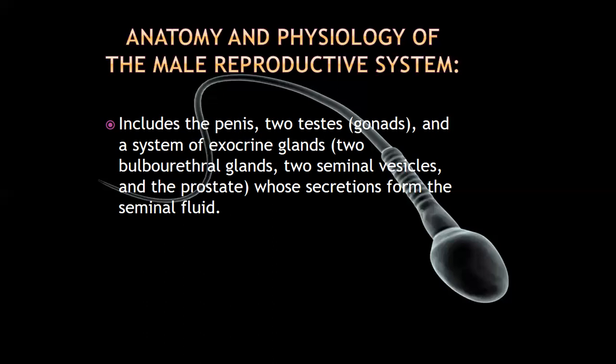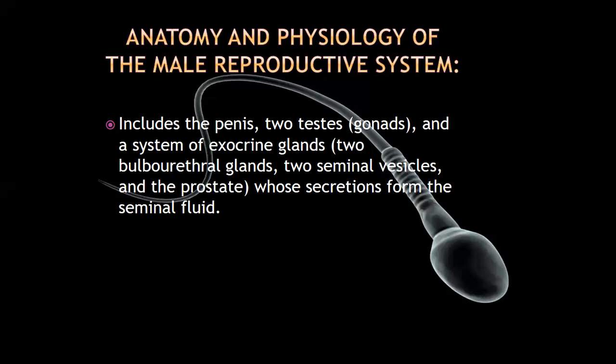From the term itself, exocrine, meaning these organs or glands are responsible for secreting fluid substances. And these fluids will make up your semen that we use for semen analysis. Now, these exocrine glands are as follows. We have two bulbourethral glands, two seminal vesicles, and your prostate gland, whose secretions form the seminal fluid.